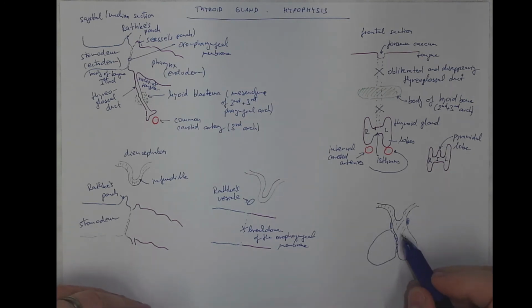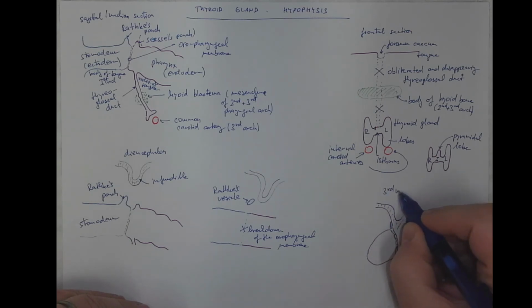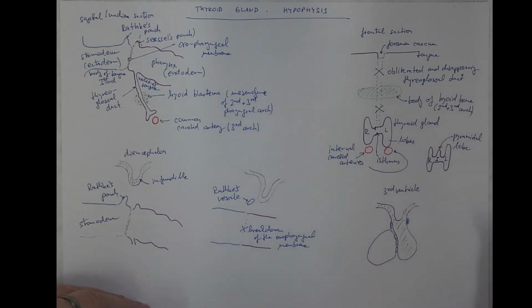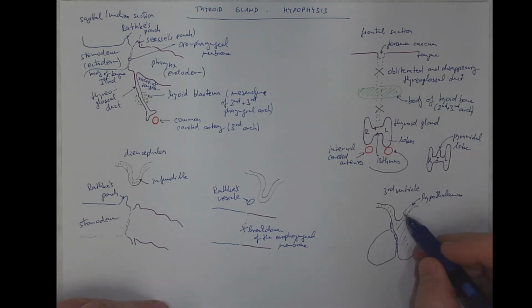So we got an organ. The hypophysis as a whole organ has two completely different components with completely different histological structure and completely different embryonic origin. So here is the third ventricle, third brain ventricle, the diencephalon, or the hypothalamus of the diencephalon, with its neurosecretory nuclei that are sending axons via the stalk of the neurohypophysis.